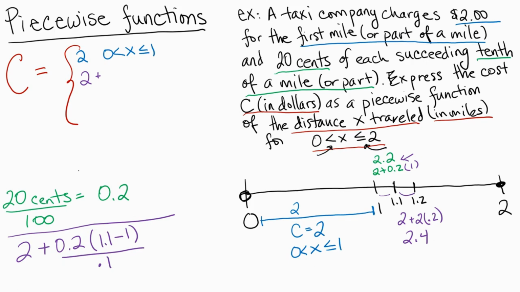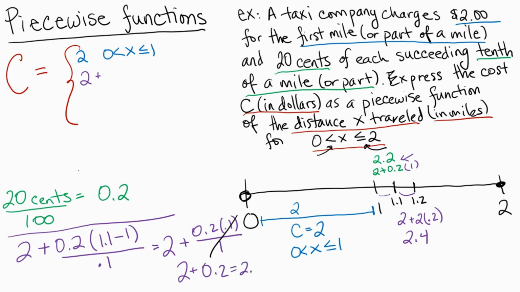So what we get, if we simplify this, is 2 plus 0.2 times 0.1 all over 0.1. And in this case, the 0.1 and 0.1 cancel, which is really nice. And so we get 2 plus 0.2, which we definitely saw when we looked at 1.1.